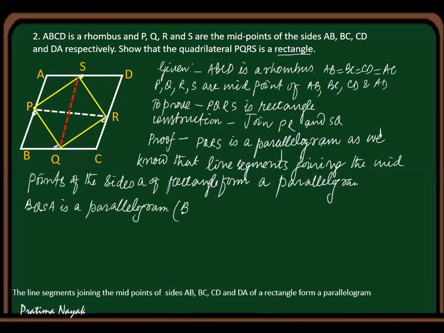Because BQ is parallel to AS and BQ is equal to AS. Why? BQ is half of BC and AS is half of AD. BC is equal to AD, you know it is a rhombus. So BQSA is a parallelogram. So when it is a parallelogram, I'll write AB is equal to SQ.